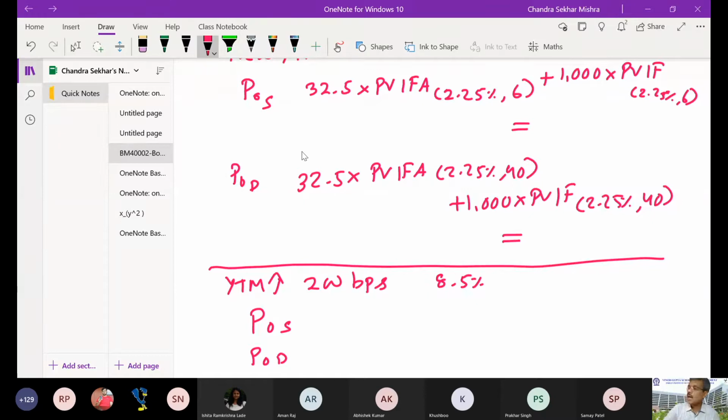That means your R will be 4.25%. Now tell me the values. Please calculate all 4 values and let me know, whether you use a calculator formula, Excel, or a financial calculator, whatever you use.